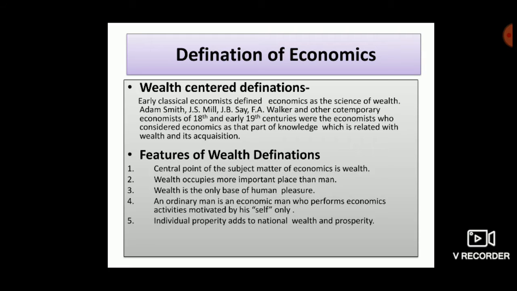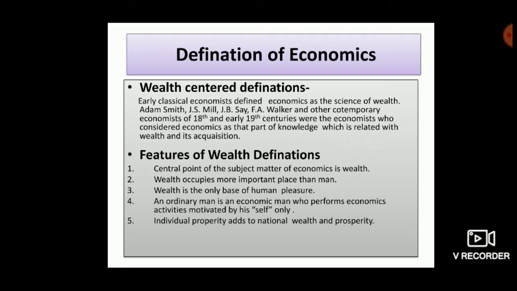An ordinary man is an economic man who performs economic activities motivated by self-interest only. Individual property adds to national wealth and prosperity. These are the important features of the wealth-centered definition.